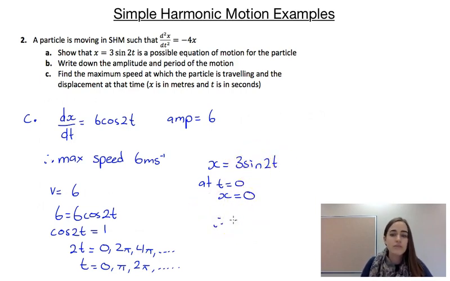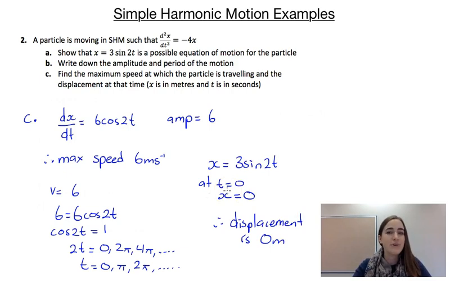So therefore, displacement is 0 meters. So that means that the speed is always going to be the greatest when we are at that equilibrium point. So that's having a look at some basic examples of simple harmonic motion.